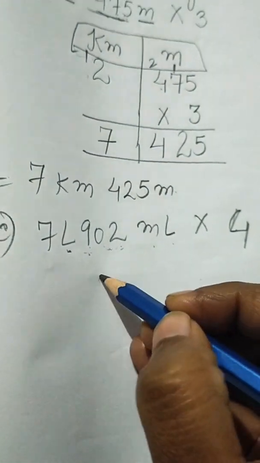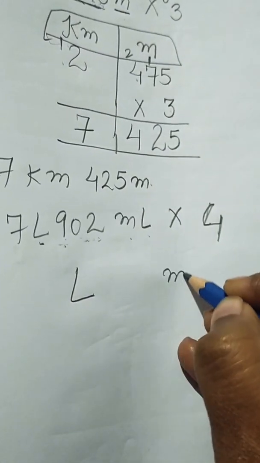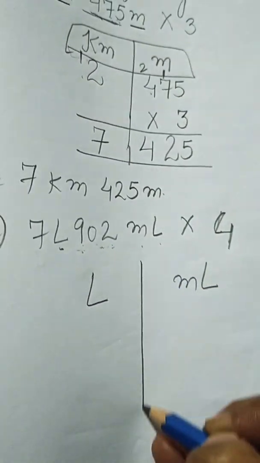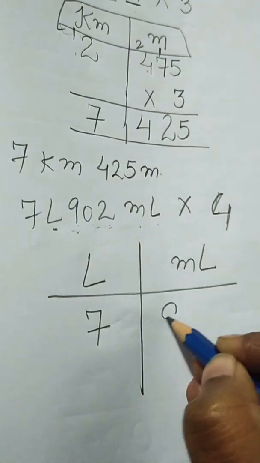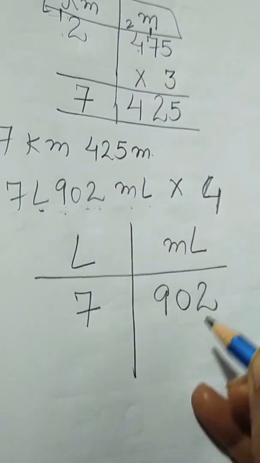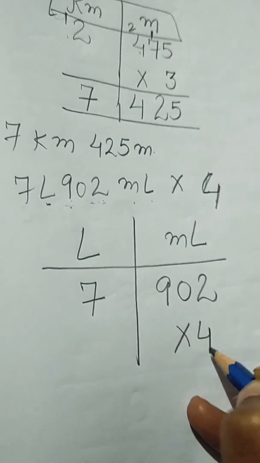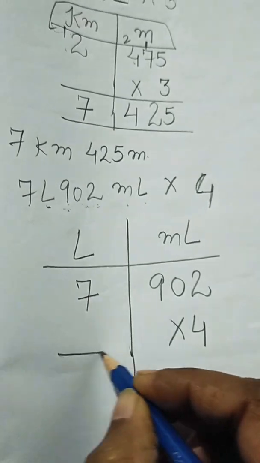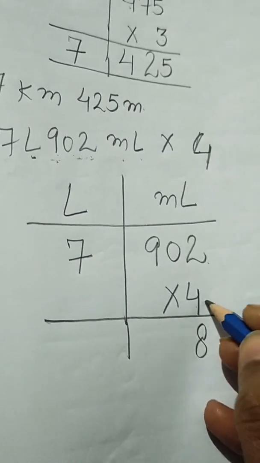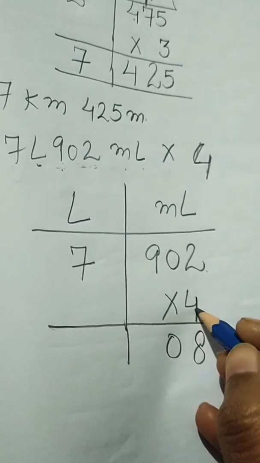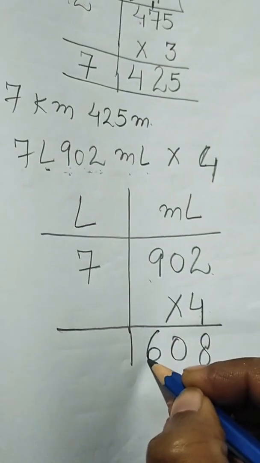so directly we will start our calculation. Here we will write liters and here we will write milliliters. Firstly we will arrange 7 liters 902 milliliters, then multiplied by 4. Now we will do the calculation. 4 2s are 8, 4 0s are 0, 4 9s are 36.